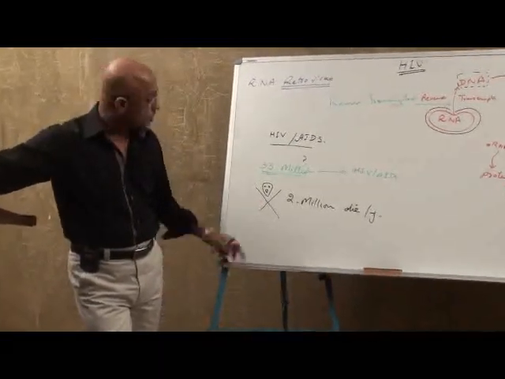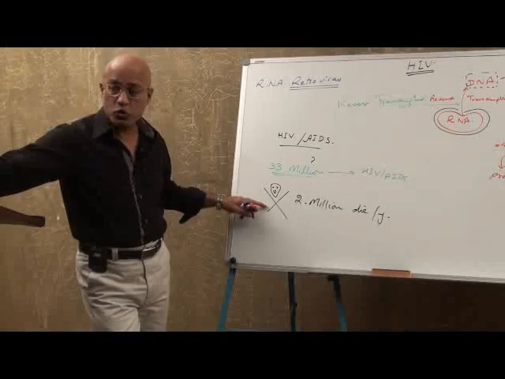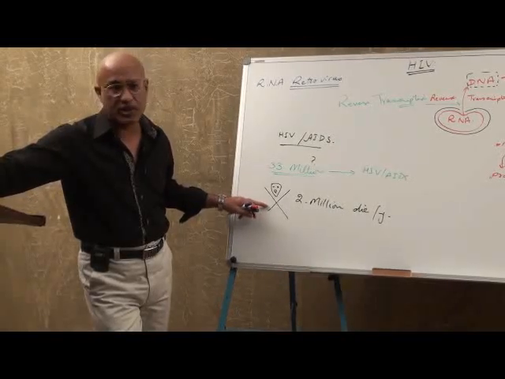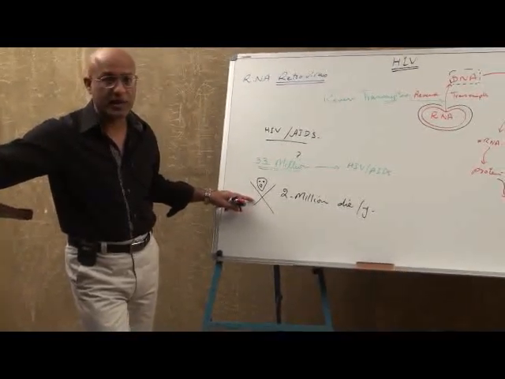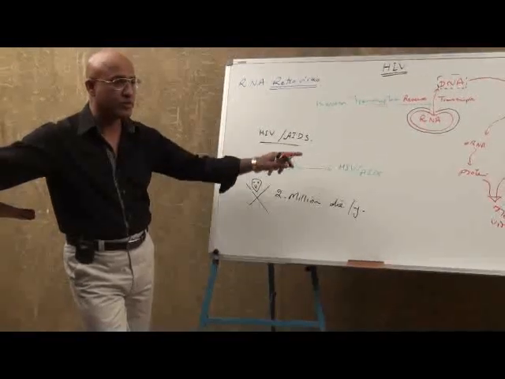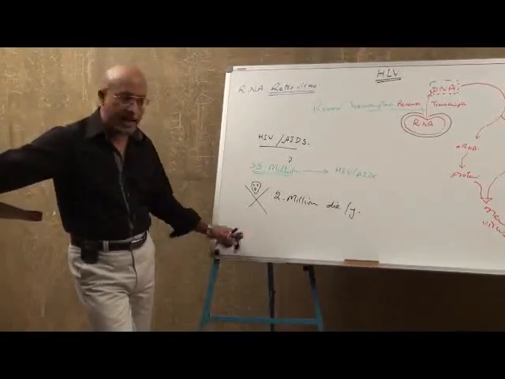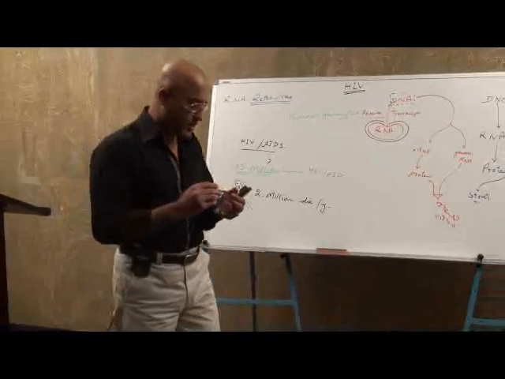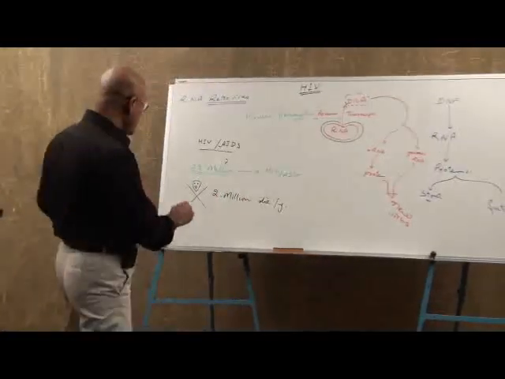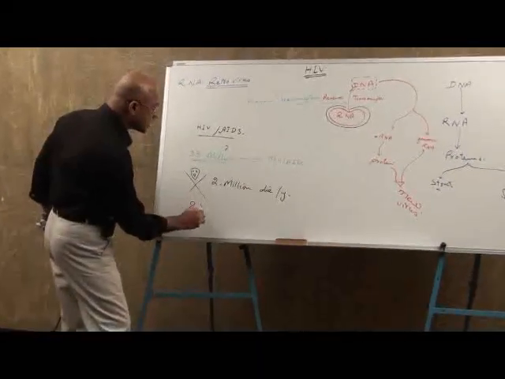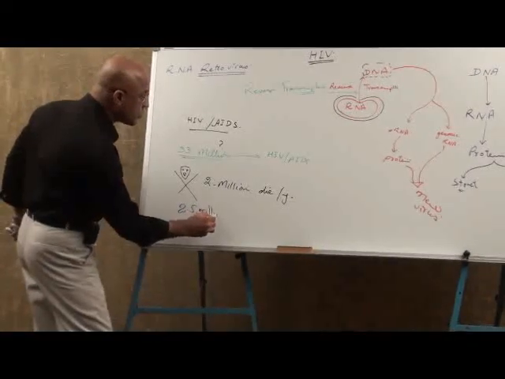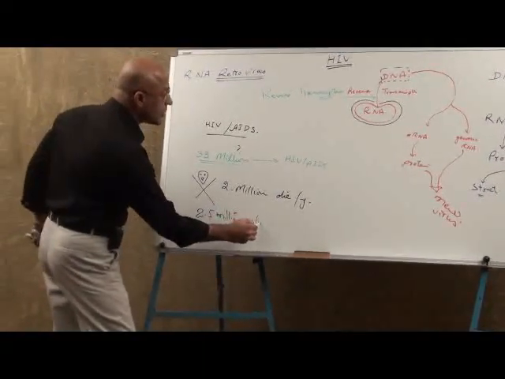Almost 2 million people every year die of complications related with this virus. And every year we get about 2.5 million new cases.